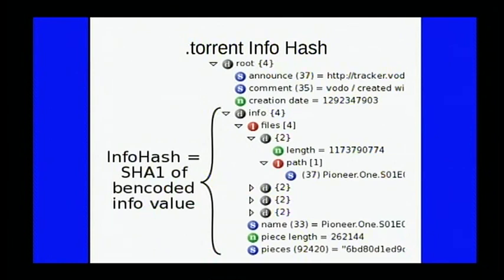So you can see BitTorrent is really only useful for static data, because if these piece hashes change, the whole info hash changes.